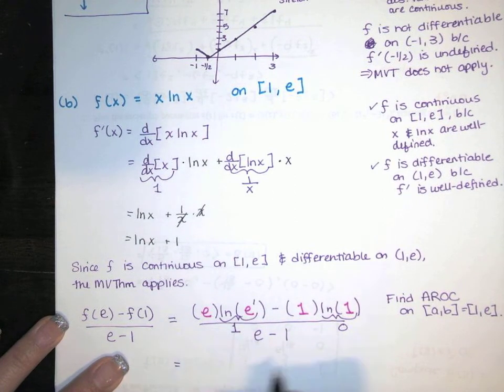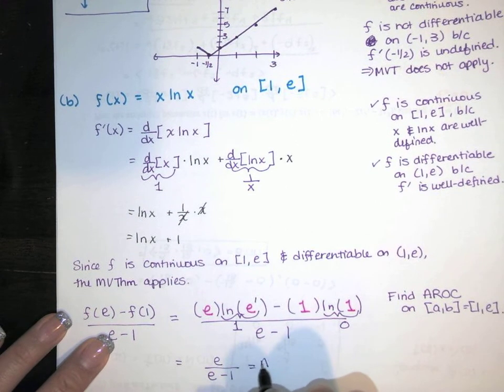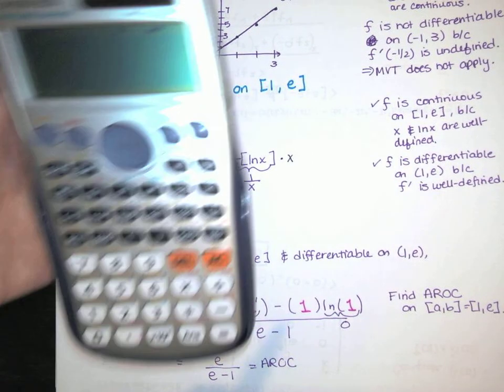So our numerator is just an e, and the denominator, this is e minus 1 times 0, so e minus 0, which is e, all over this. So this is our average rate of change. Now, I don't have a very good sense for what e divided by e minus 1 is. E is about 2.7, so this is about 2.7 divided by 2.7 minus 1.